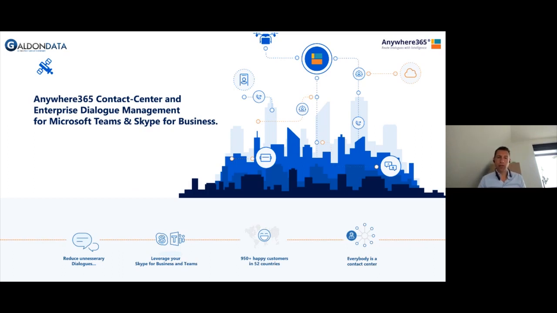We say as Anywhere365 that we see everybody as a contact center. So not only the first line agents who will take calls, but also if you want to transfer that conversation to a second line agent, at that time they're also part of the contact center. And you want to include them in reporting, in recording. You want to also present information to that person to handle that call with lots of customer satisfaction, of course.